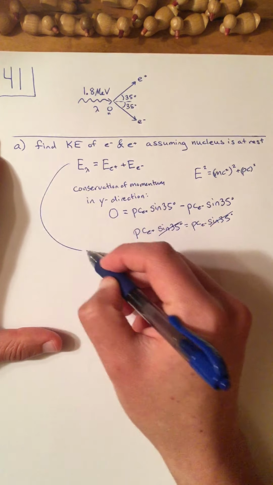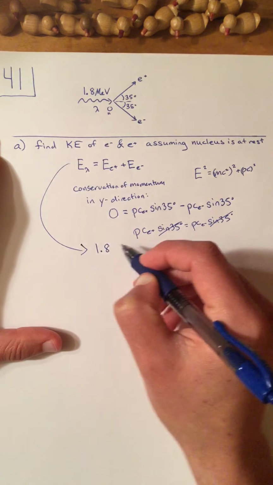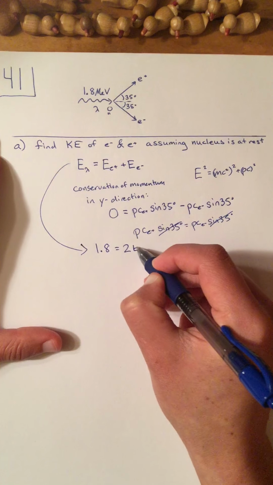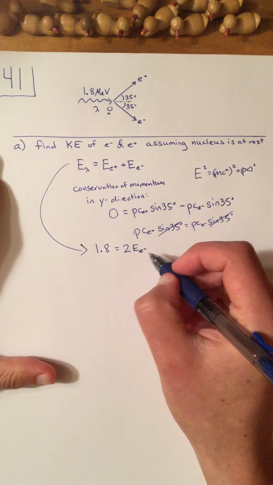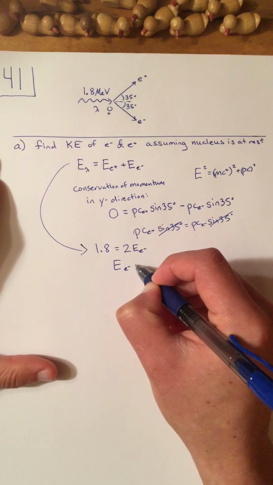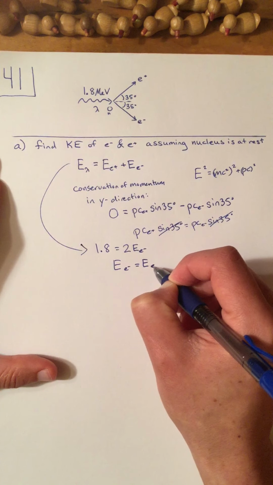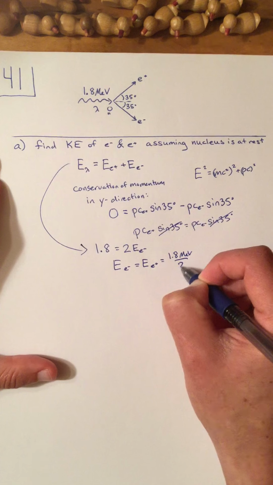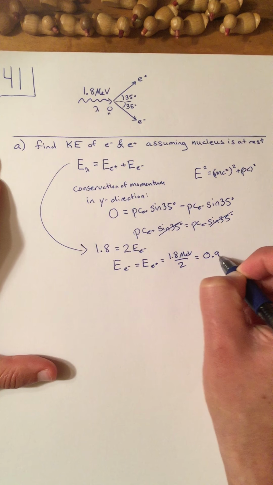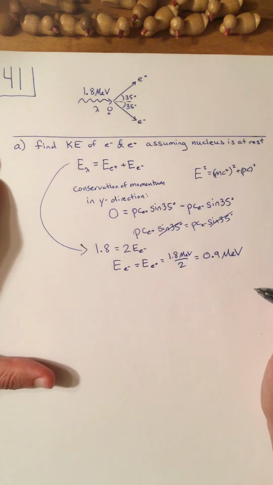So our equation up here would be 1.8 is equal to twice either the energy of the electron or the energy of the positron. So the energy of the electron is equal to the energy of the positron, and that's half of the 1.8 mega electron volts, so that's 0.9 mega electron volts for the energy.